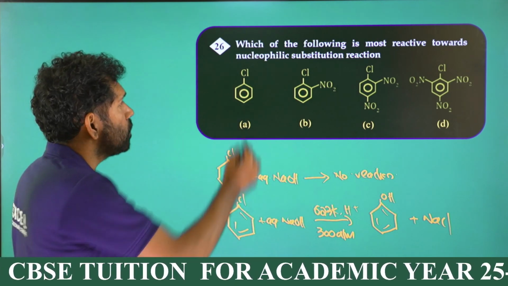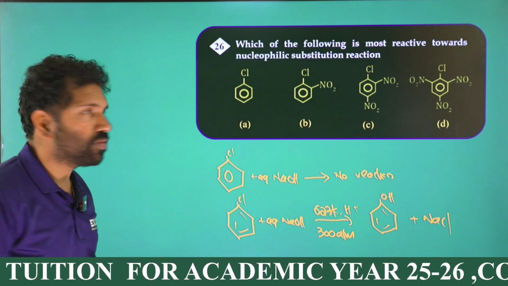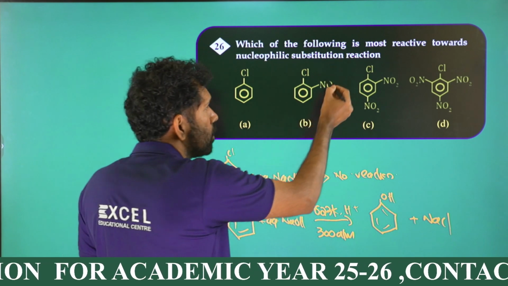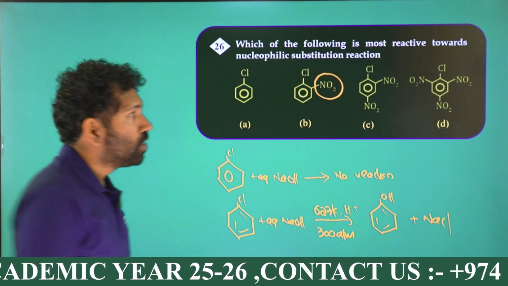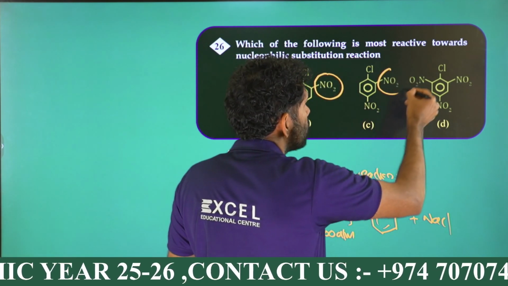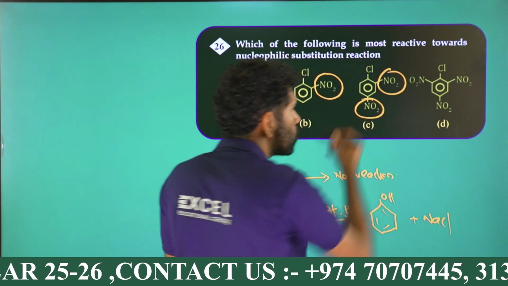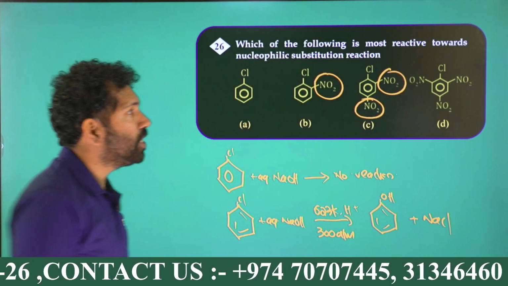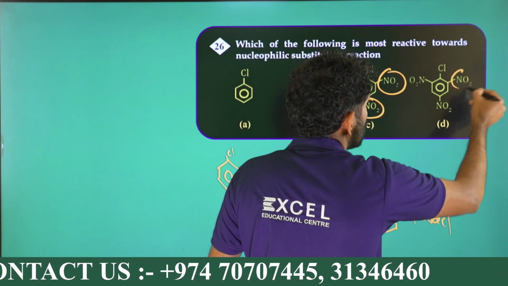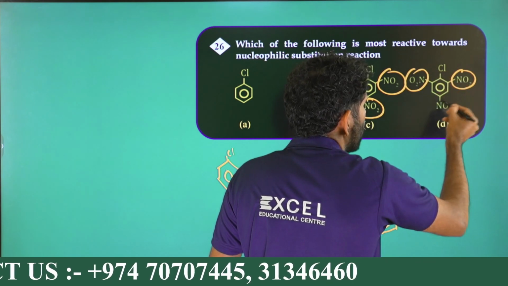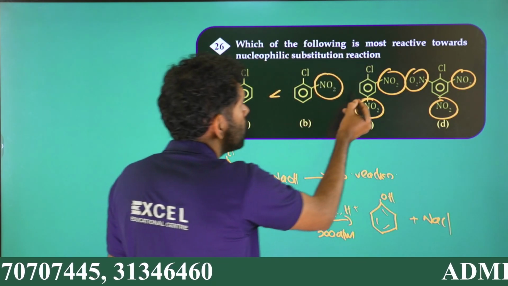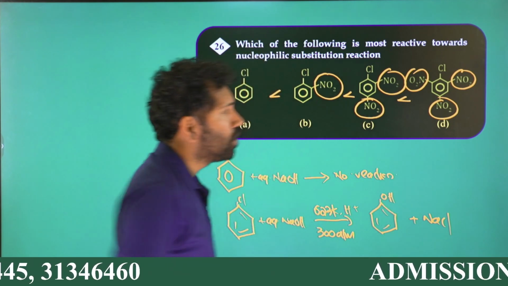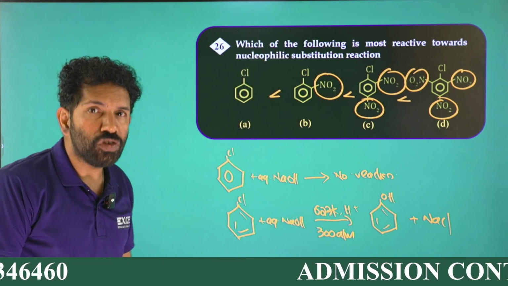See now, this is chlorobenzene, less reactive. This will be a little more reactive because we introduced NO2 group at ortho. This will be more reactive because we introduced NO2 at ortho and para. This will be again more reactive because we introduced NO2 at ortho, para and the other ortho position. So this will be the order of reactivity towards nucleophilic substitution reaction.